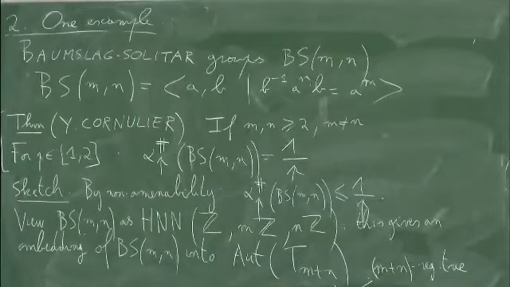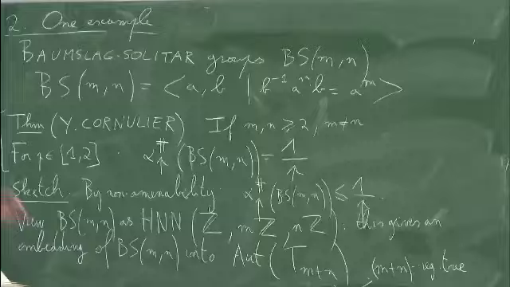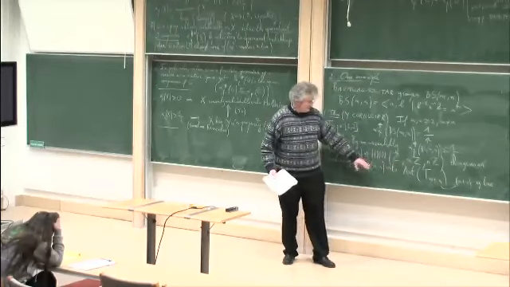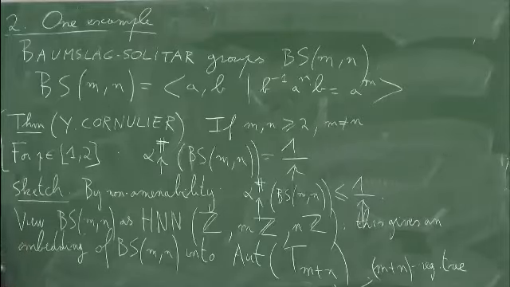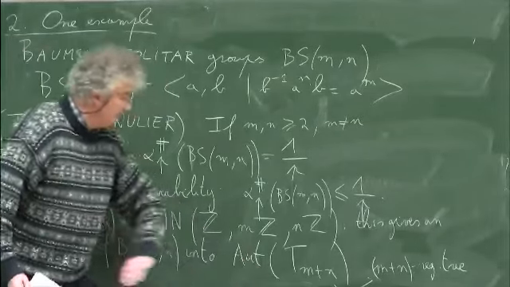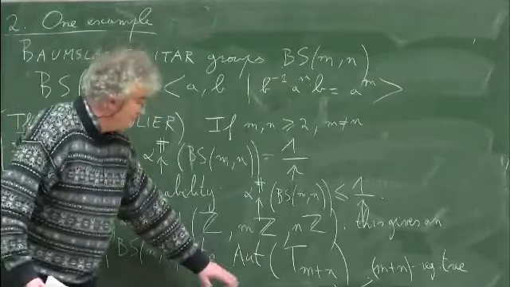This is already something quite interesting, but when you work out the image of BS(m,n) by this homomorphism, it turns out that this is a non-discrete subgroup of this automorphism group.